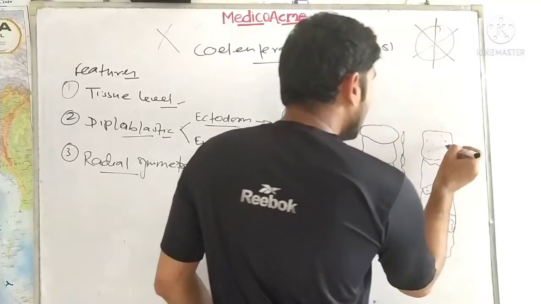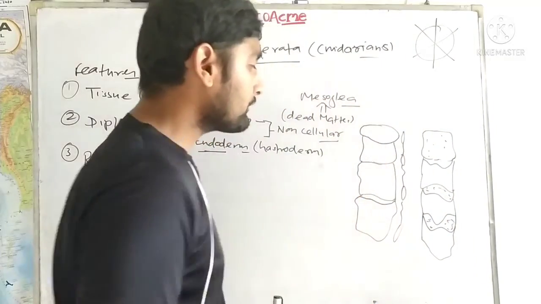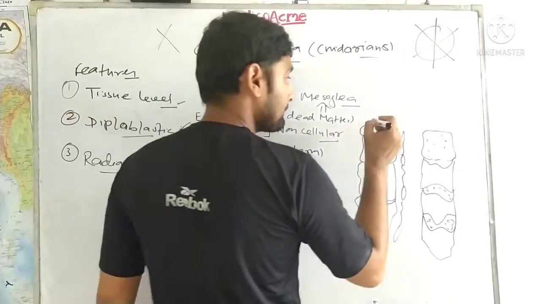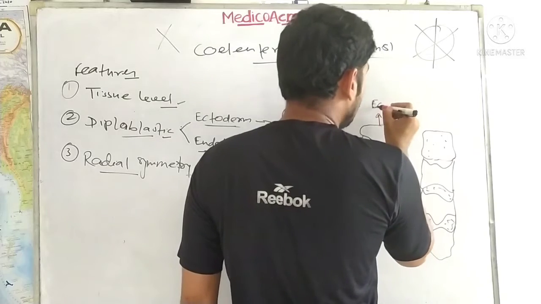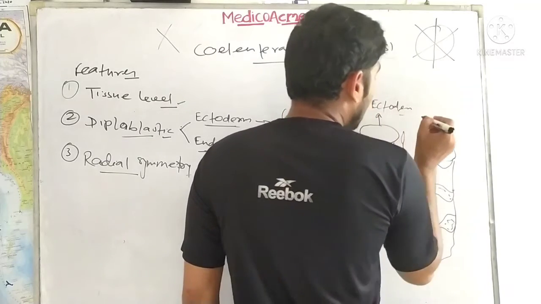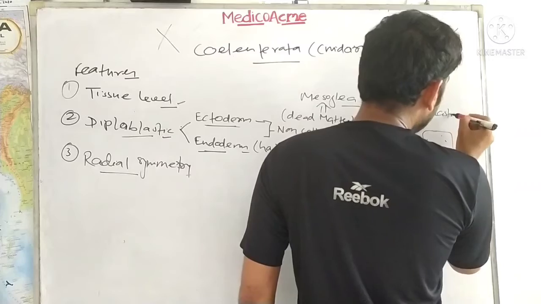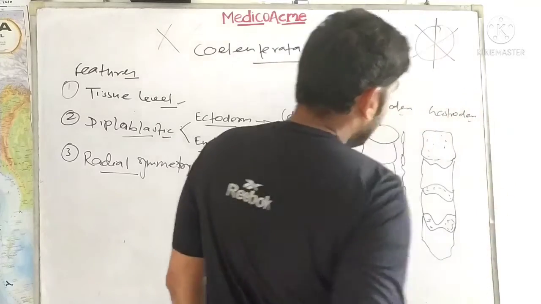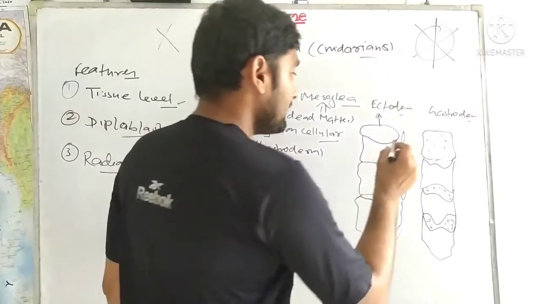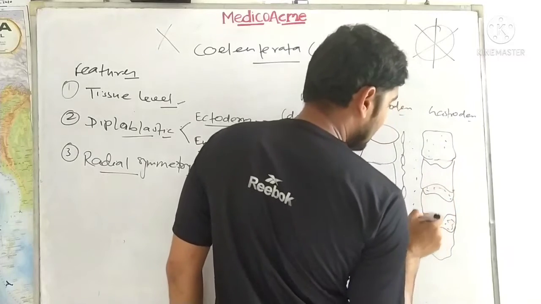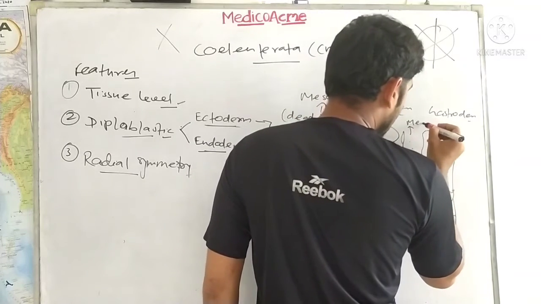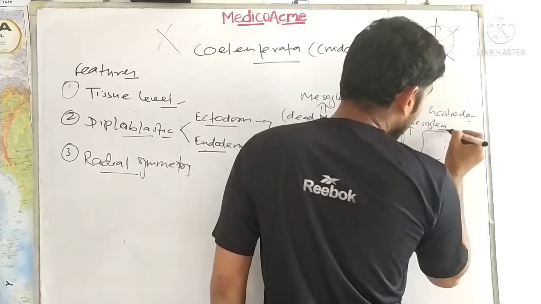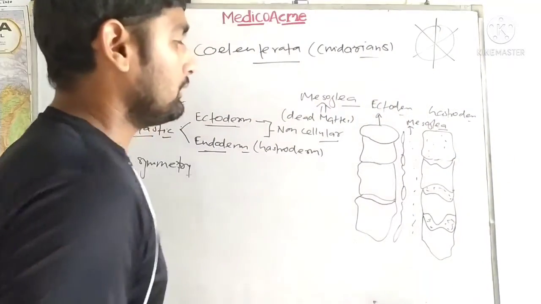You can see here that this outermost layer is the ectoderm, and this layer is the gastroderm, that is the endoderm. Now this layer is called the mesoglea. Mesoglea is again the dead matter or non-cellular thing.